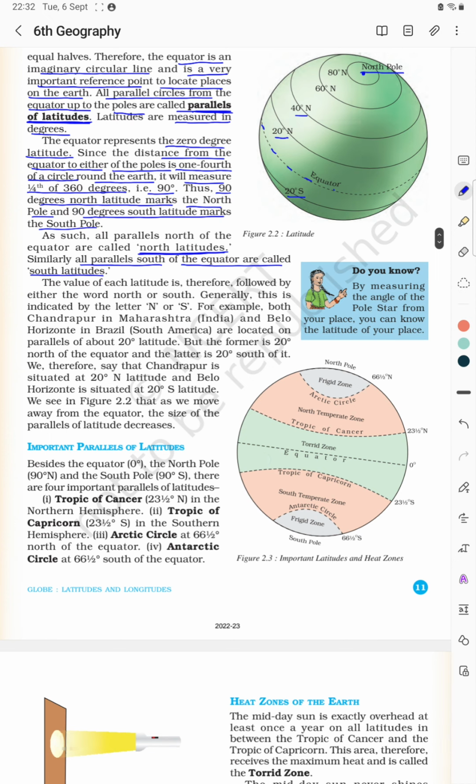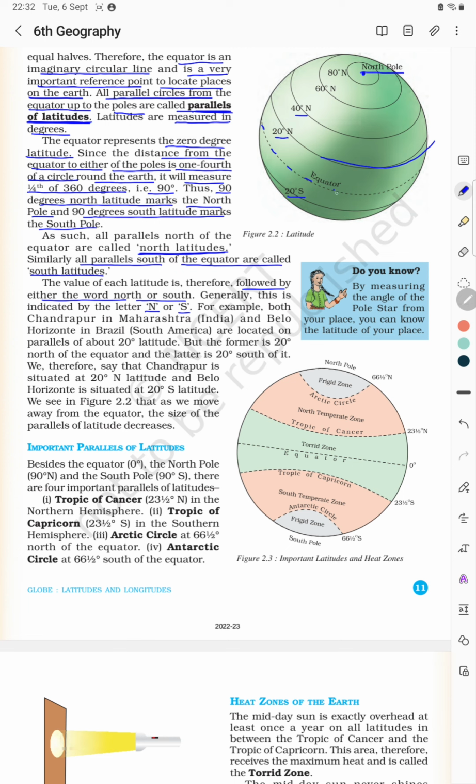The value of each latitude is therefore followed by either the word north or south, generally with the letter N or S. Suppose here is a line that we want to represent. Suppose this line represents 20 degrees.